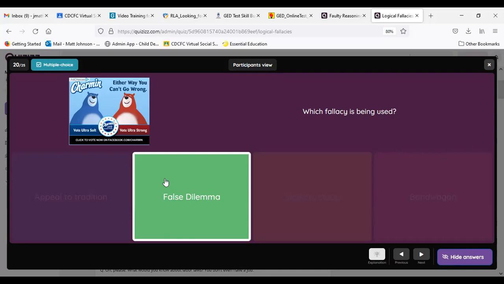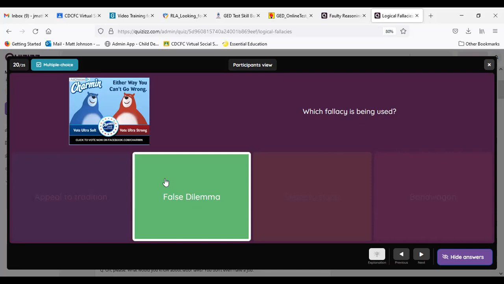Right. So there's a lot of different varieties out there, a lot of other choices. There's a lot of other things you could say about Charmin toilet paper, other than the fact it's ultra soft or ultra strong. So it's a false dichotomy, or in this case, a false dilemma. Same sort of idea, though. If you're creating a dilemma for somebody, you're putting them in a situation where they have to make a critical choice.